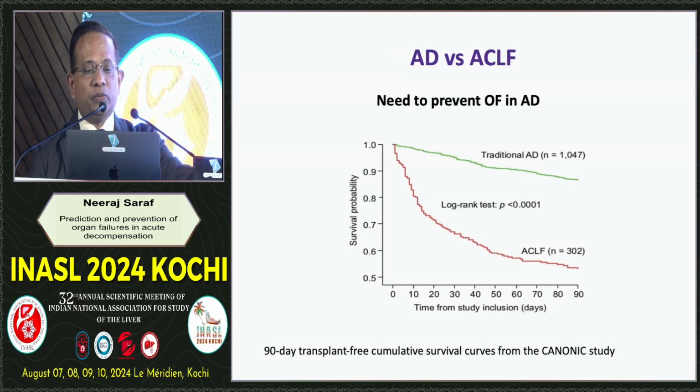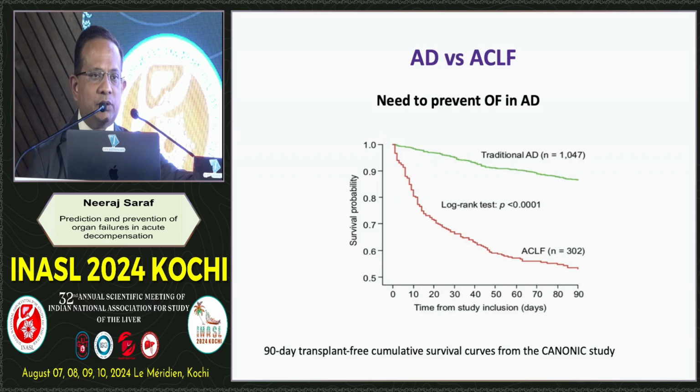So why do we need to prevent organ failure in acute decompensation? So if you look at this, this is again from the Canonic study, acute decompensation versus those with organ failure or ACLF. The survival is significantly poorer in patients who develop organ failure as compared to those with simple acute decompensation.